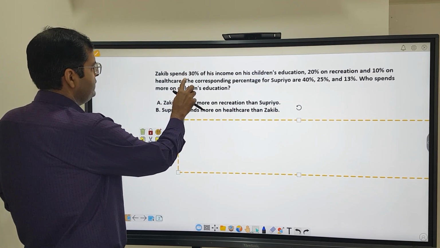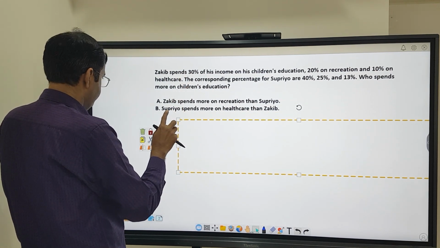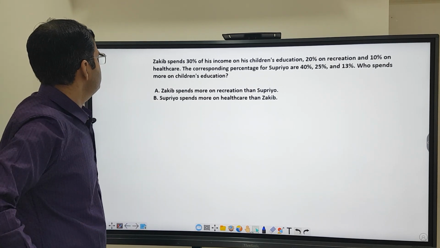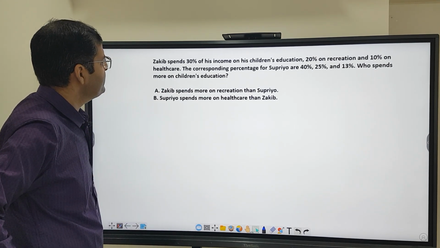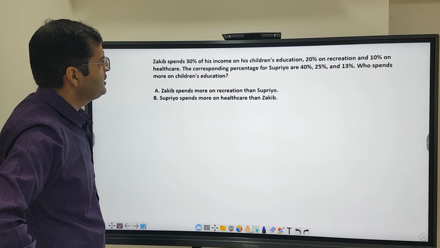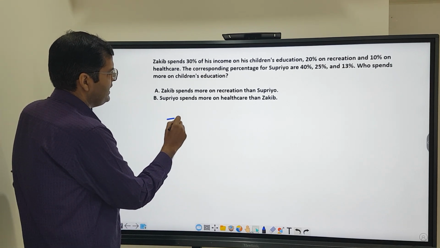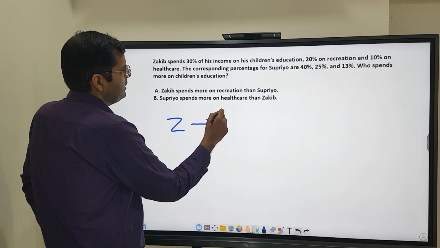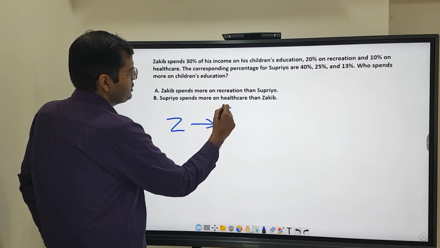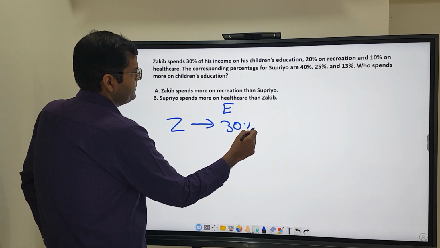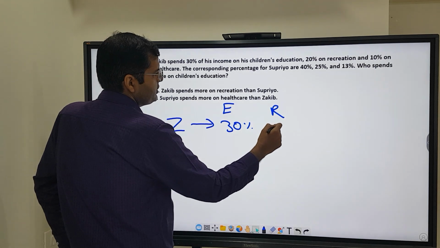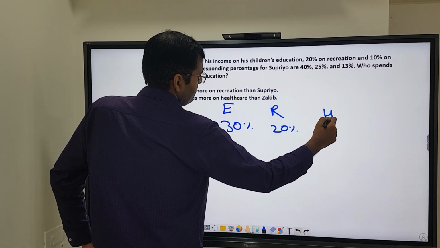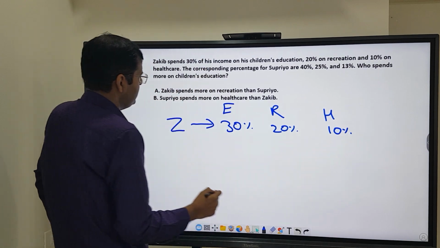Now I have the question with me, without the instruction. It says Zakib spends 30% of his income on children's education. So let Zakib spend Z amount in all. Out of that, E, 30%, is spent on education, R, 20%, on recreation, and H, 10%, on healthcare.